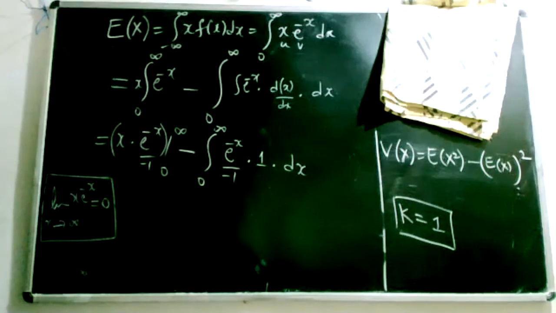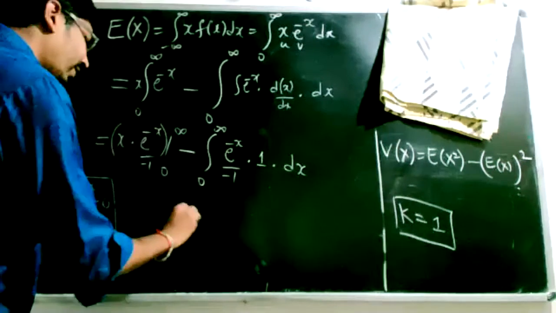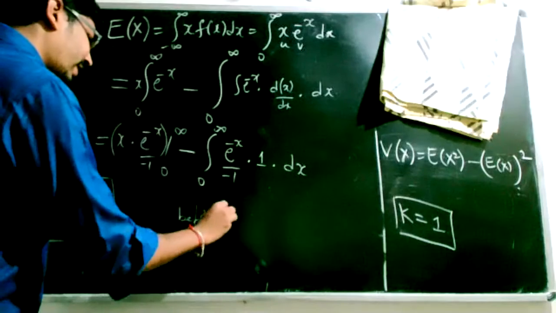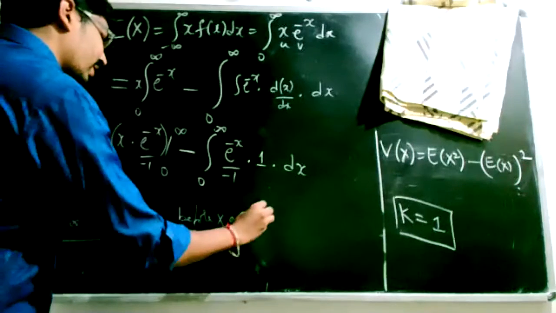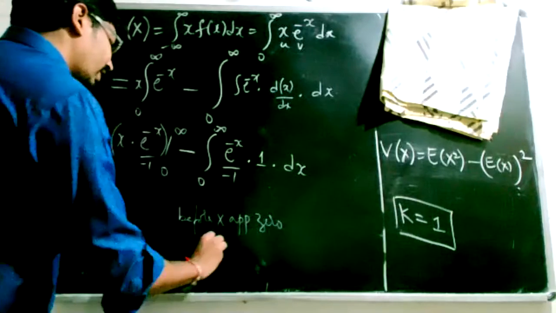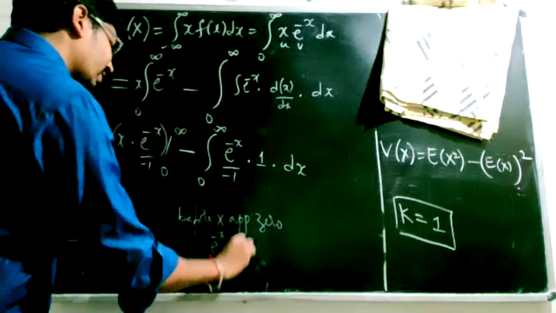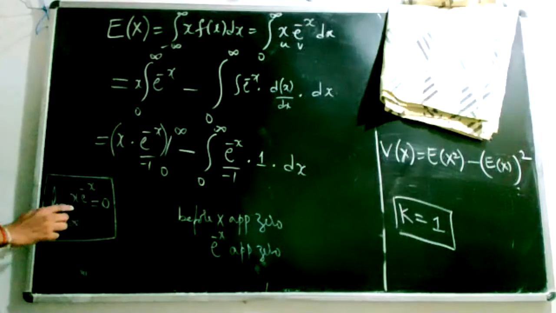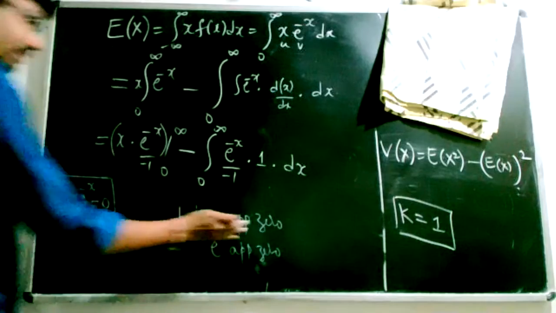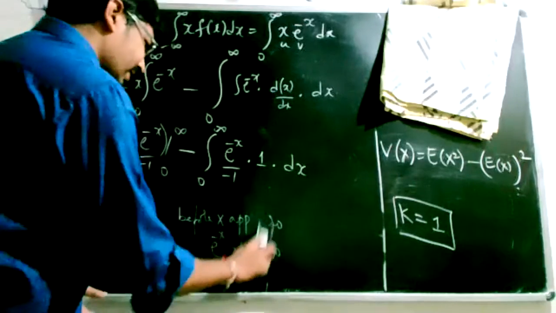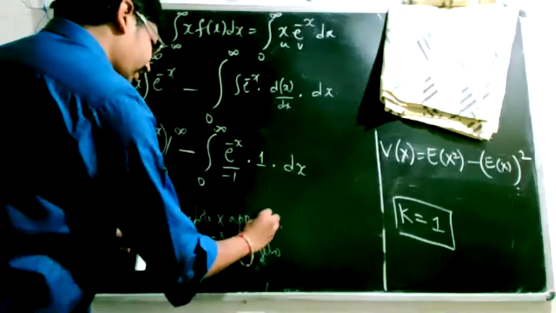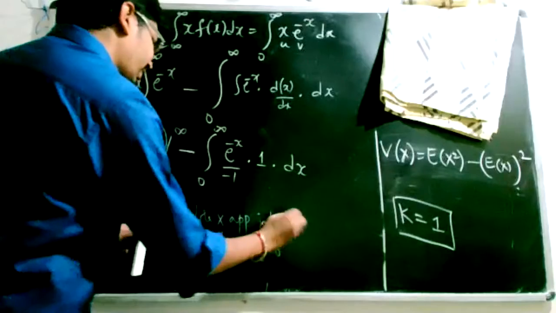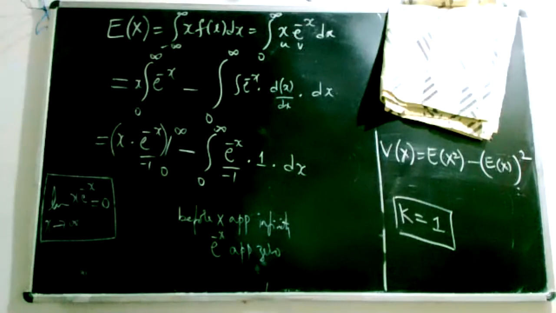The reason is before x approaches infinity, your e power minus x approaches 0.